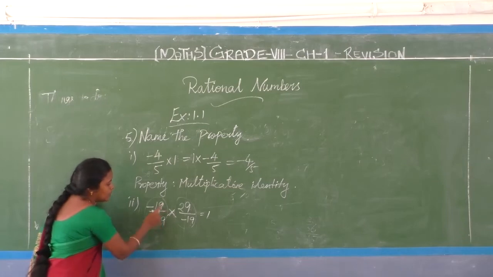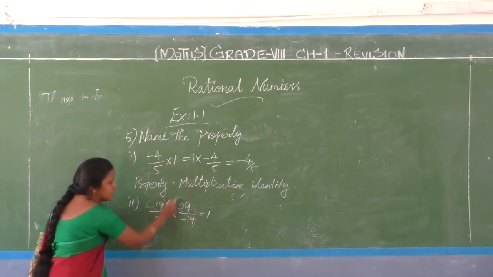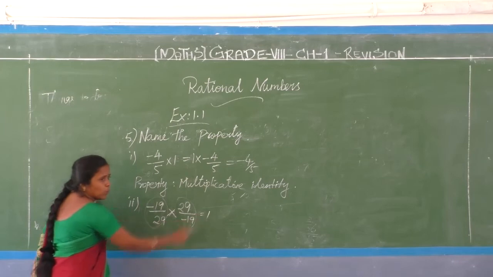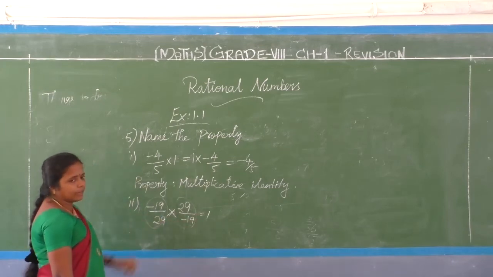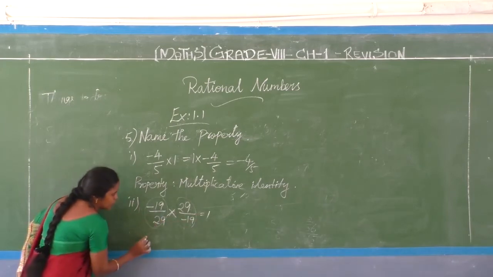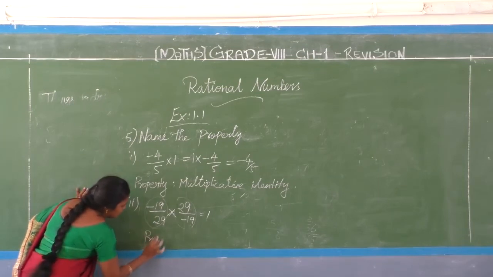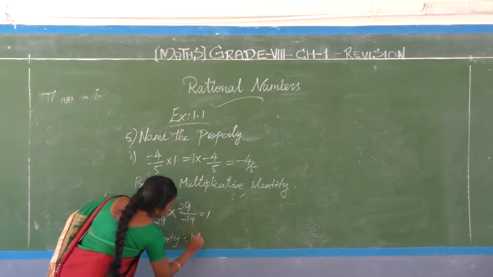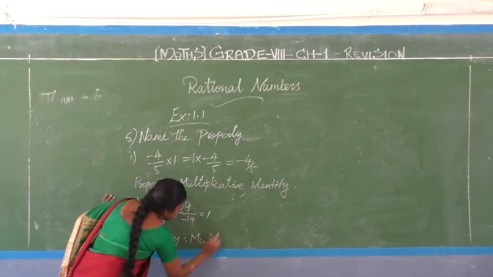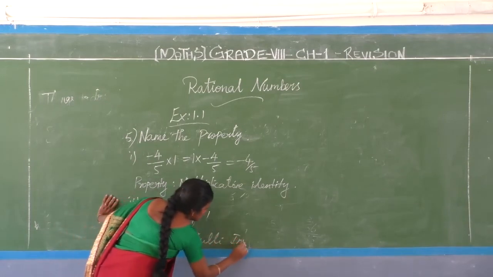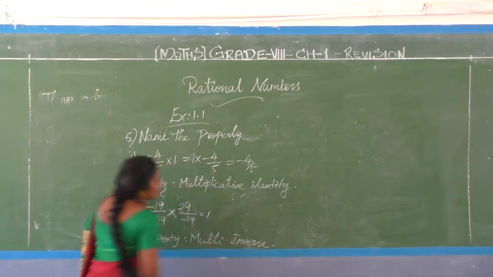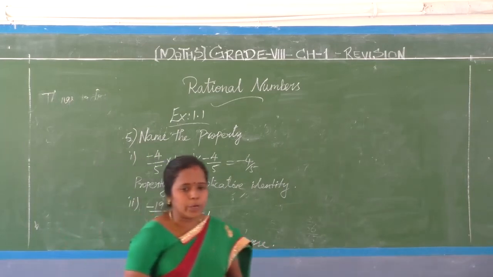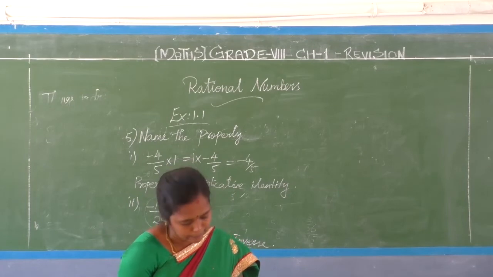The product of any rational number by its reciprocal is always 1. Using that result, they gave this question. What do you write: multiplicative inverse or reciprocal? Multiplicative inverse. Clear? Like this, complete the remaining questions in your class book.